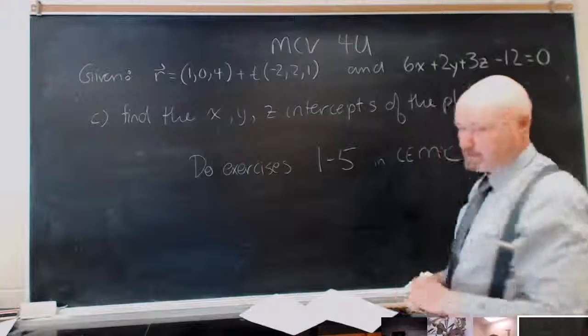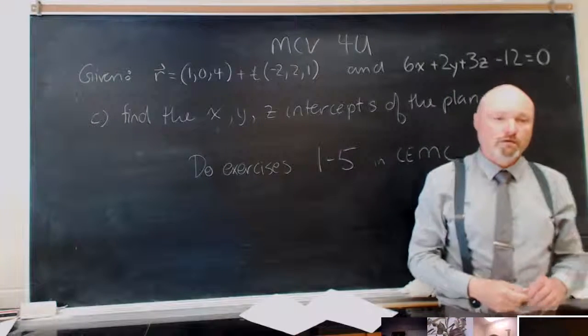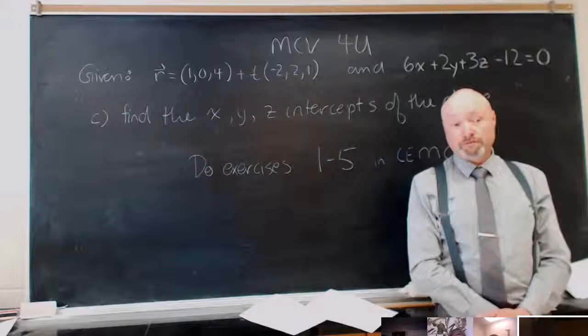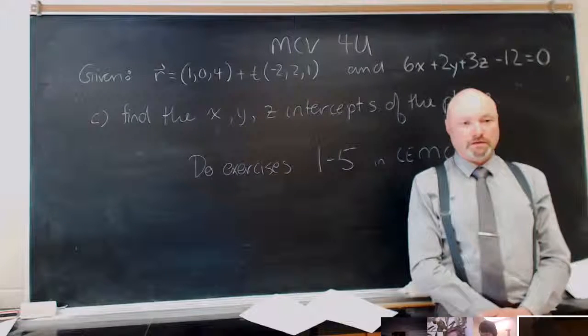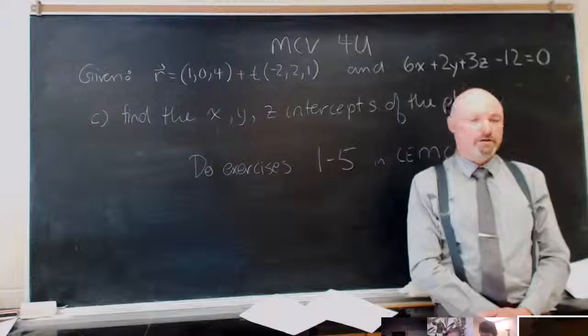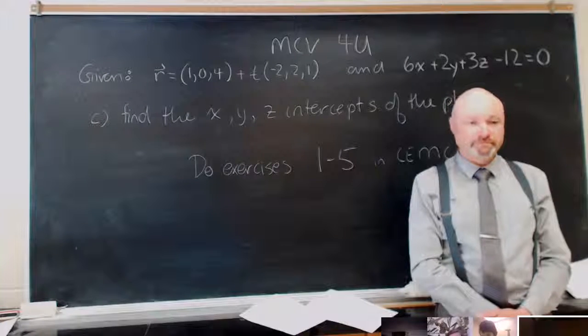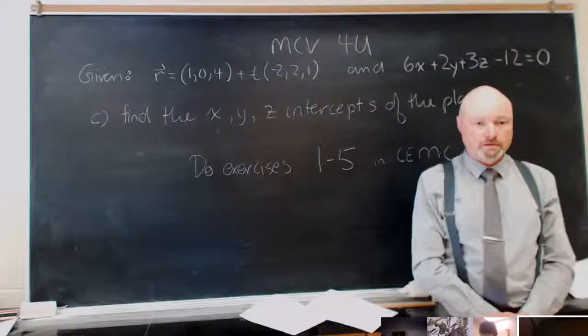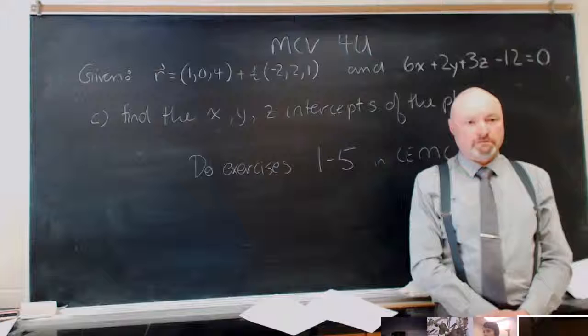So that's in the CEMC lesson. They're all roughly the same. I think the biggest trick is going to be figuring out how to convert everything into parametric form. Okay. So that's it. We're on target. We're almost done.